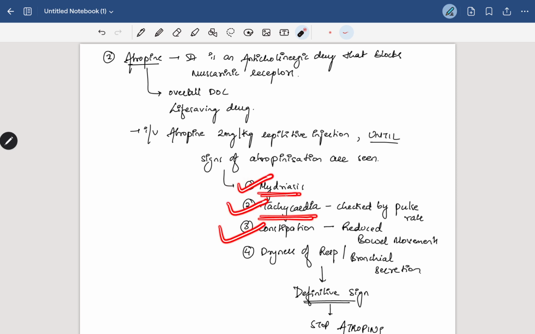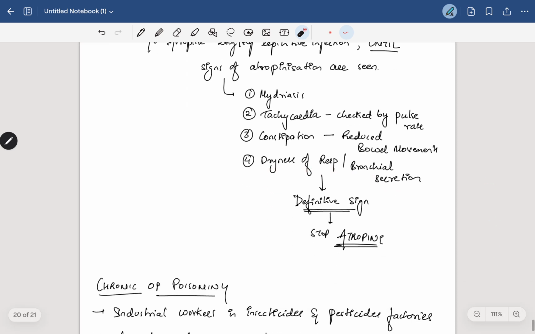How will you check? Mydriasis can be seen with the eyes, you can see it in the patient. Tachycardia can be checked by pulse rate. Constipation, you will be able to hear reduced bowel movements. And then there is dryness of the respiratory tract or bronchial secretion. This sign is the definitive sign of atropinization. That is when you know that you have to stop giving atropine to the patient.